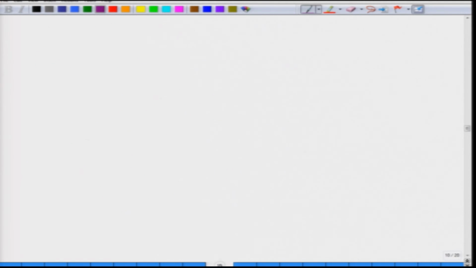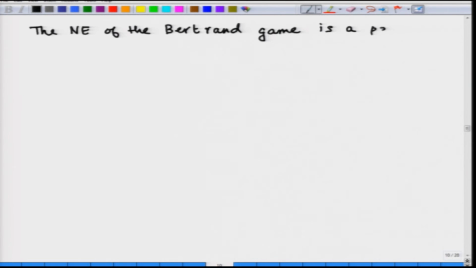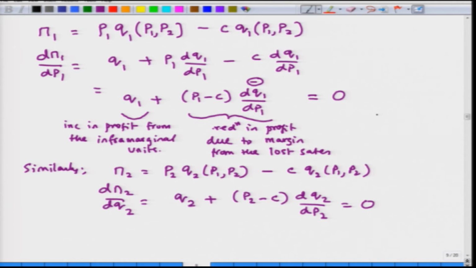So, now the Nash equilibrium of the Bertrand game is a pair of prices P1B and P2B such that they solve these two first order conditions.